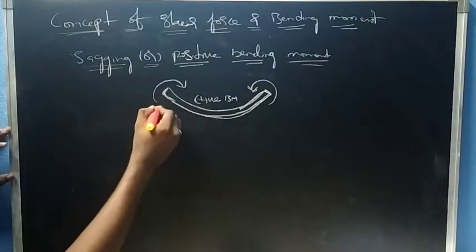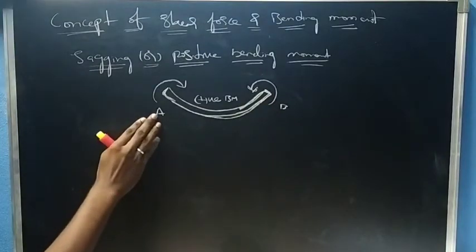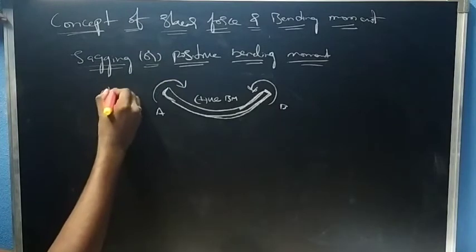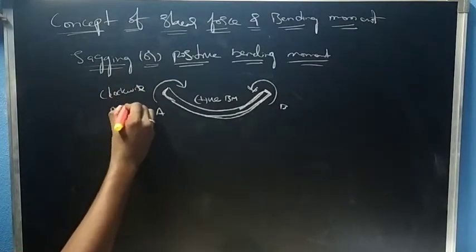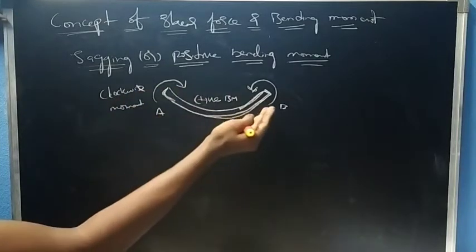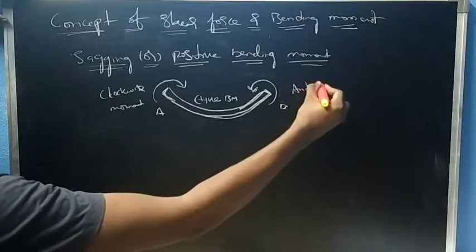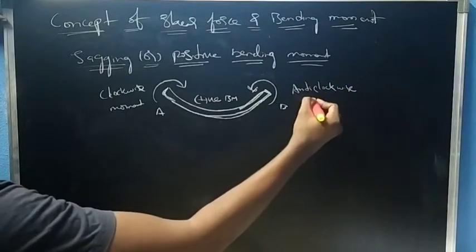Let's say this is A, B. From A it is clockwise movement, and from B it is anti-clockwise movement, right?